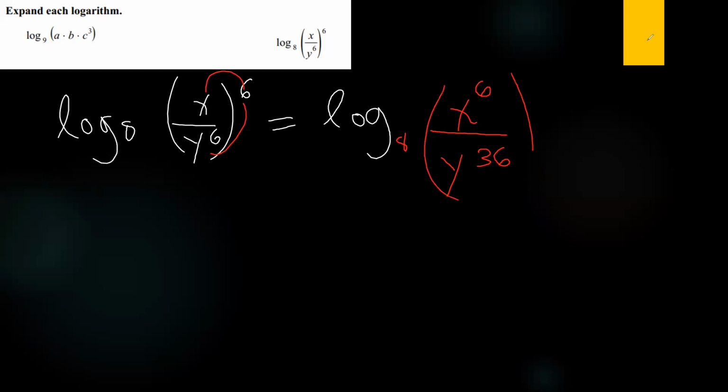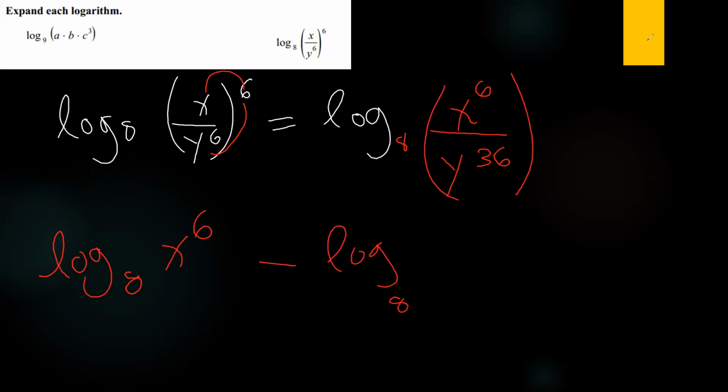Then after that here, the two numbers are divided. So how can I rewrite it now? Subtraction, sorry. Logarithm to the base 8 of x to the power 6 minus logarithm to the base 8 of y raised to the power 36. Then after that, did I finish now?